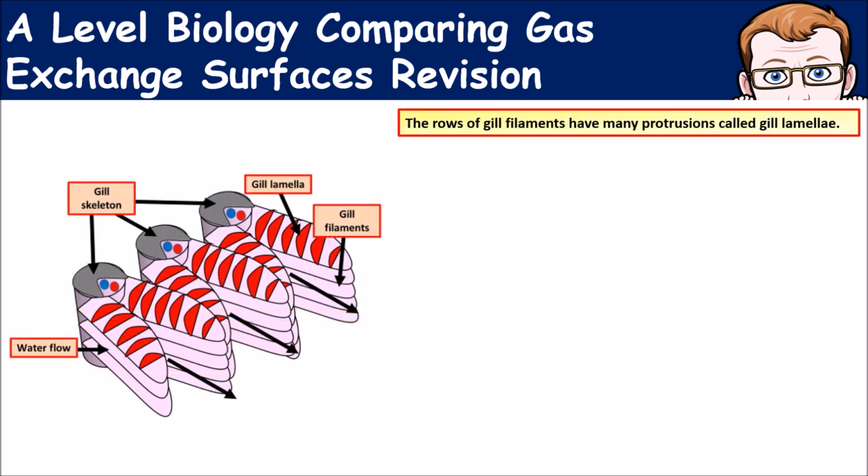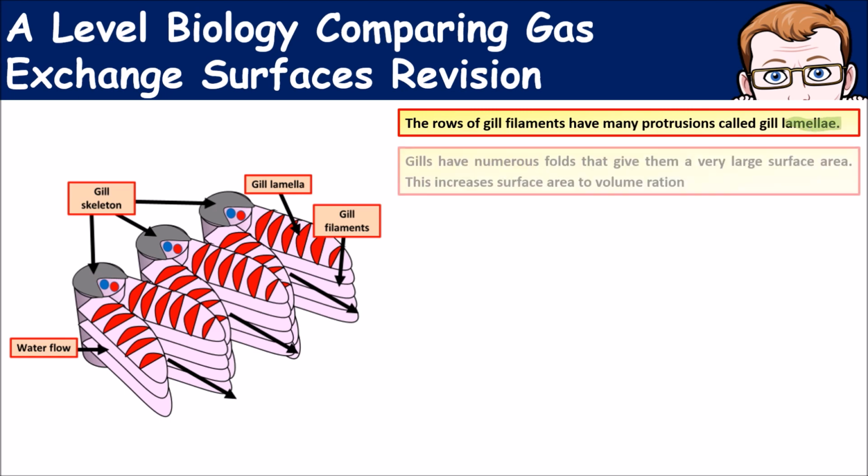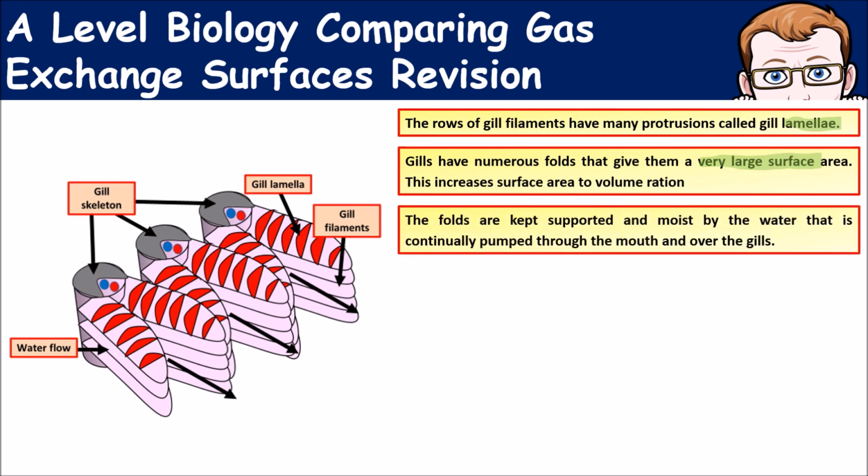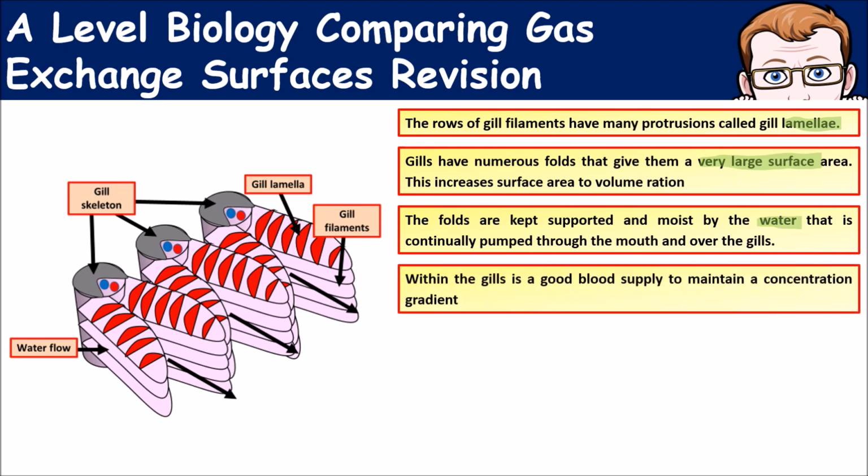If we have a quick look at gas exchange in fish, remember we're talking about the gills. The gill filaments have many little protrusions called lamellae. All these folds provide a very large surface area and increase the surface area to volume ratio. The folds are kept supported and moistened by the water being constantly pumped through them.